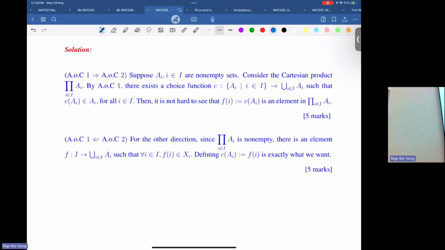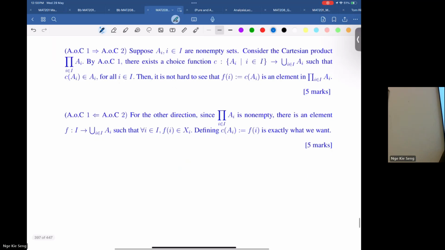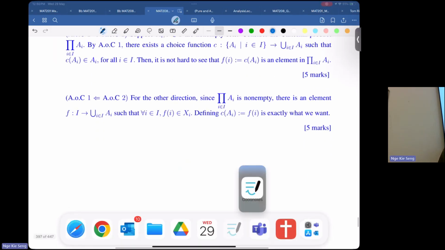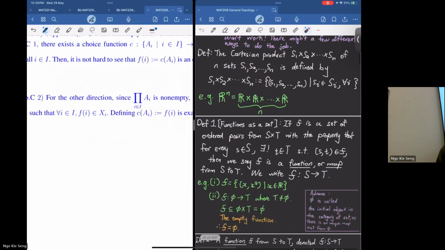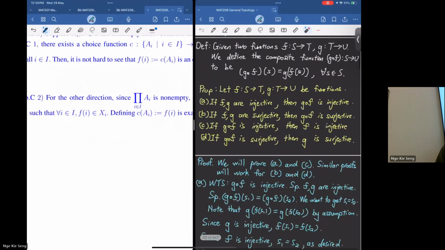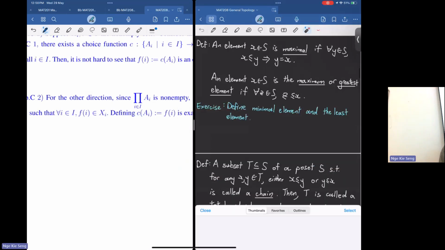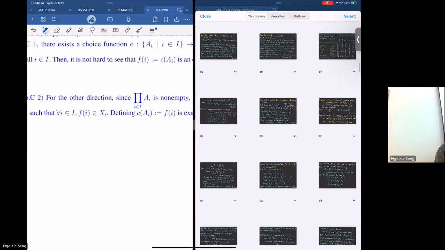So from 1, you are given a choice function already. For 2, what do you need to do? For Cartesian product, what's the definition of Cartesian product of infinite sets? Or let us write down the definition then. So let's recall the definition. Definition. I think it was quite a later lecture, right?